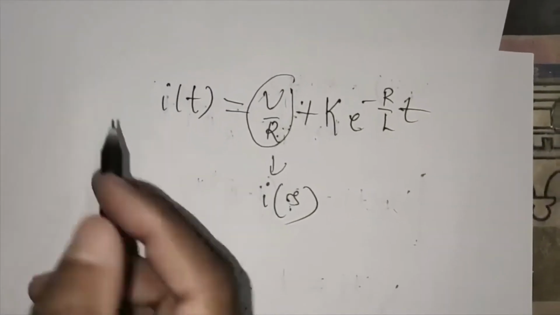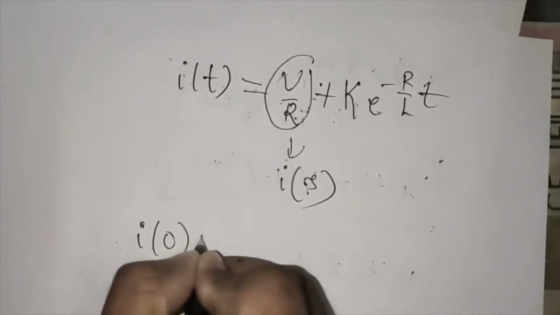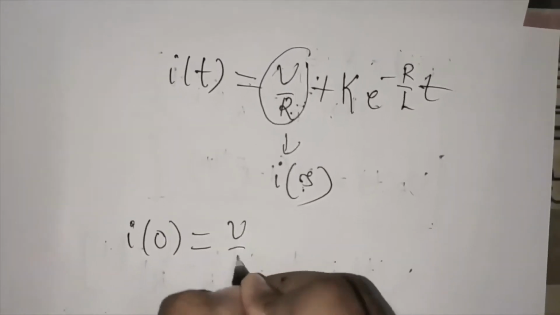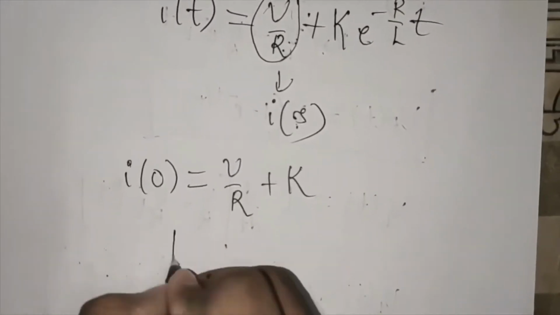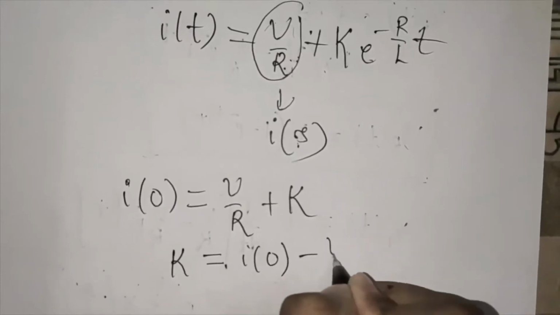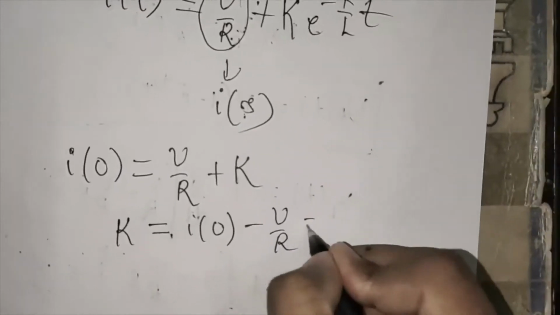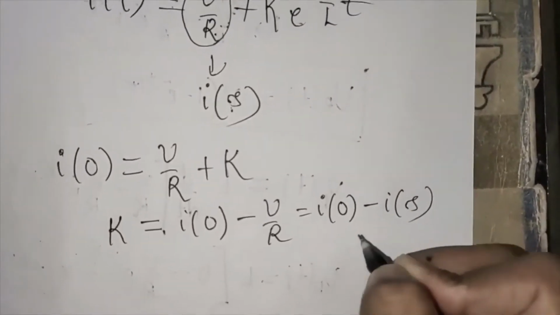If I substitute t is equal to 0, I of 0 is equal to V by R plus K. So from this I can write K is equal to I of 0 minus V by R, or in other words I of 0 minus I of infinity.